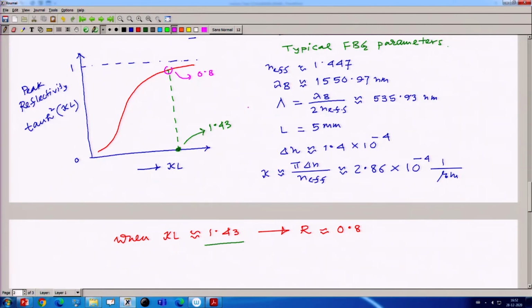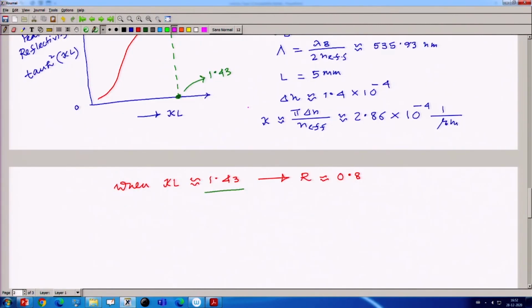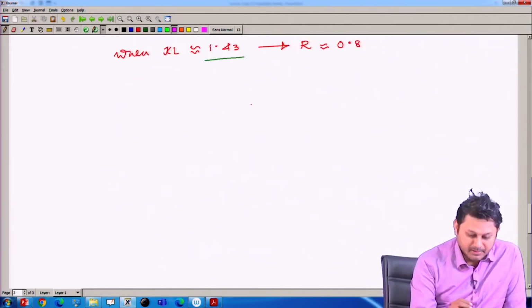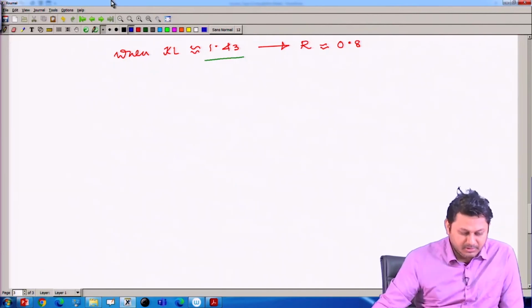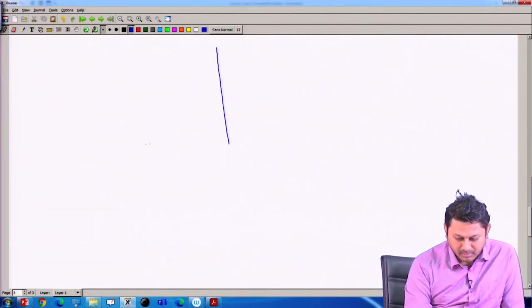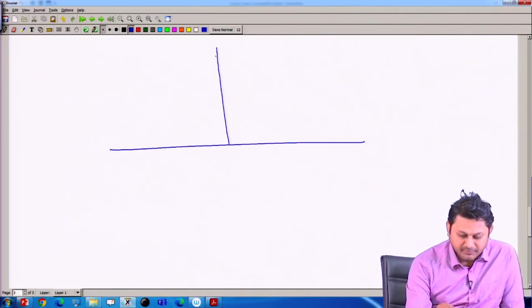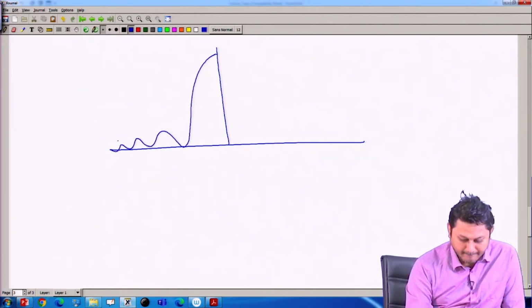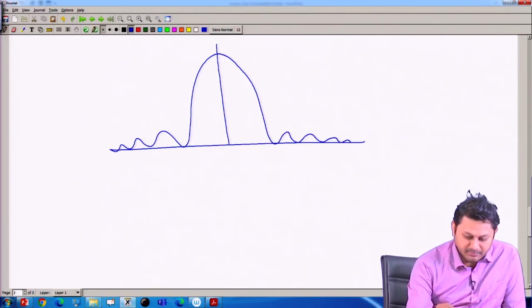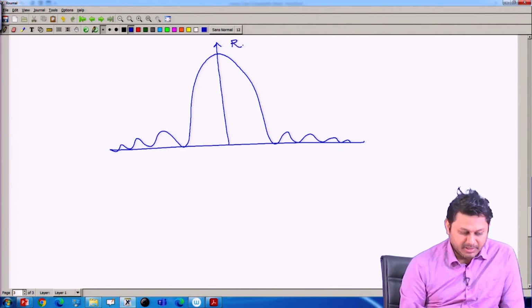Okay, so after that I would like to draw now the full picture, the reflectivity once again, and the reflectivity simply looks like this. This is a typical picture of reflectivity. I plot R here, I already plotted it, but I plot once again.